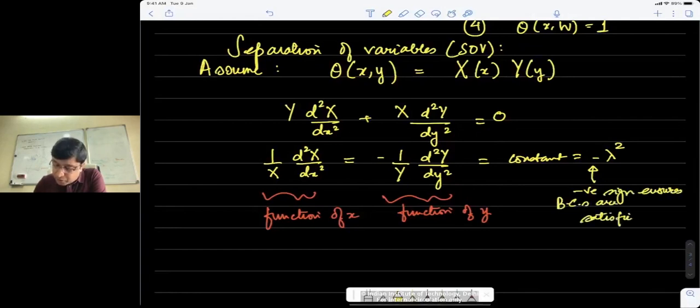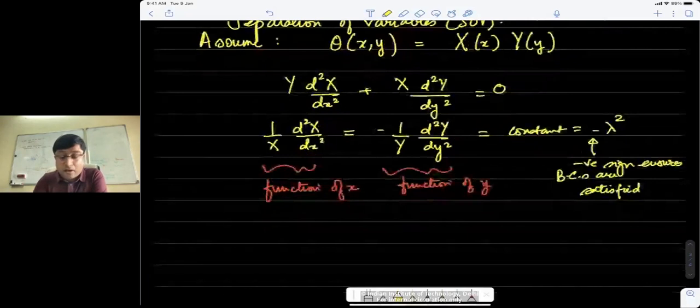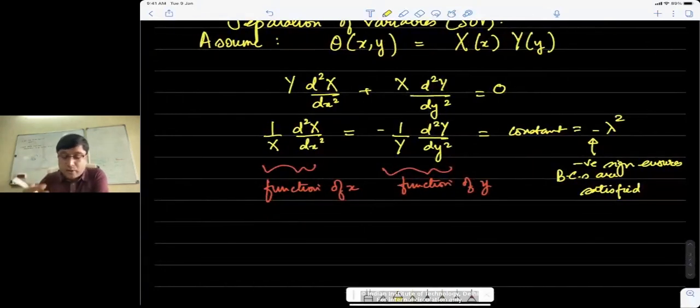This I'll be able to show you very quickly: what happens if it's positive lambda square? You can try separately taking it as a plus lambda square, and then you see that the boundary conditions basically give you a trivial solution, which is that theta can actually be 0 everywhere. That is not a solution that we are concerned with, and that's also not physically correct. So let me show you what minus lambda square does.